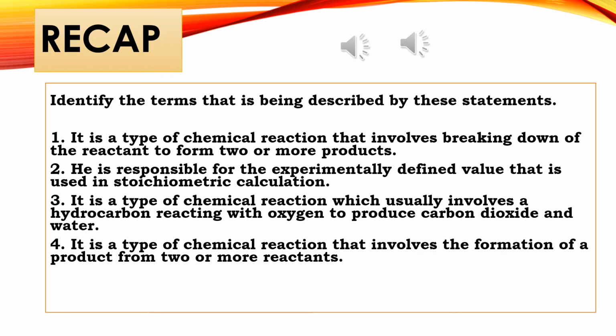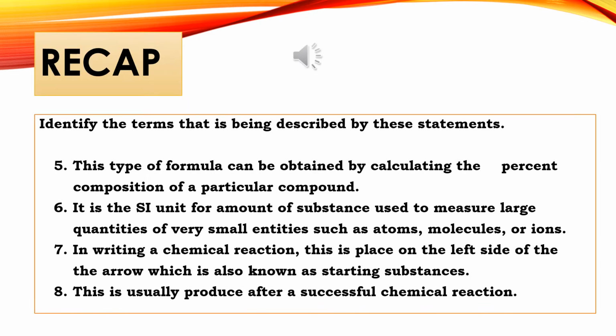He is responsible for the experimentally defined value that is used in stoichiometric calculation. 3. It is a type of chemical reaction which usually involves a hydrocarbon reacting with oxygen to produce carbon dioxide and water. 4. It is a type of chemical reaction that involves the formation of a product from two or more reactants. Number 5. This type of formula can be obtained by calculating the percent composition of a particular compound.